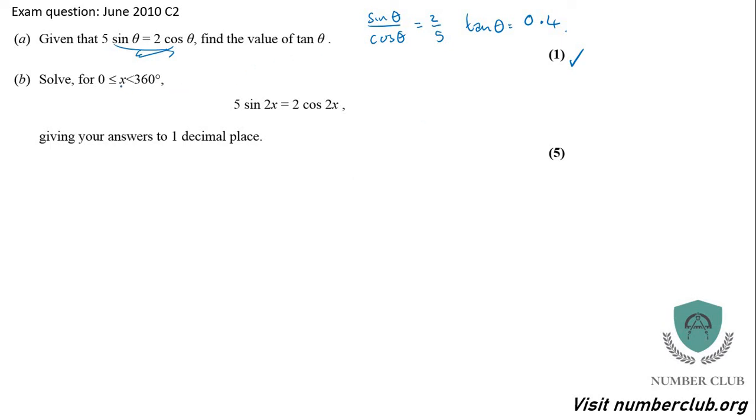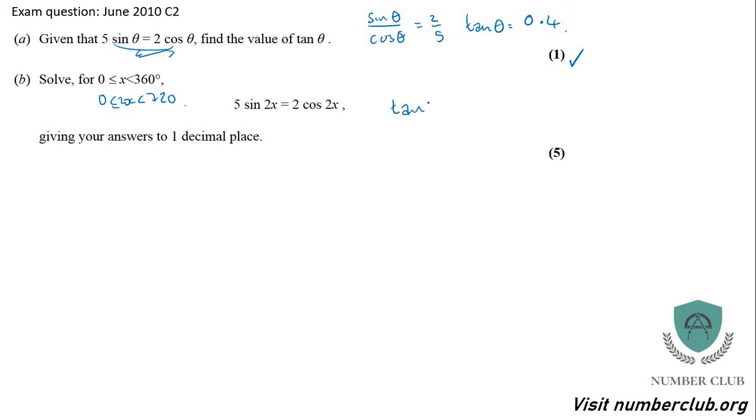Next, solve for 0 to 360 for x. Pretty much the exact same equation, except theta has been swapped for 2x. And so 2x is going to take us up to 720. So all I need to do is basically solve this up to 720.